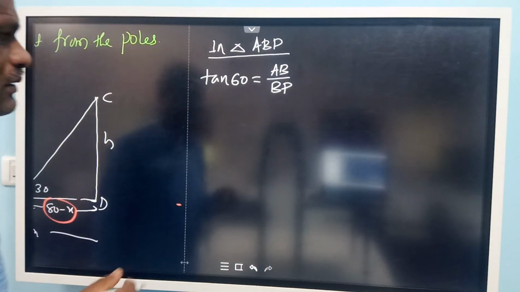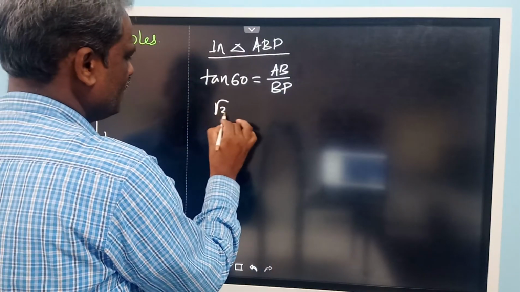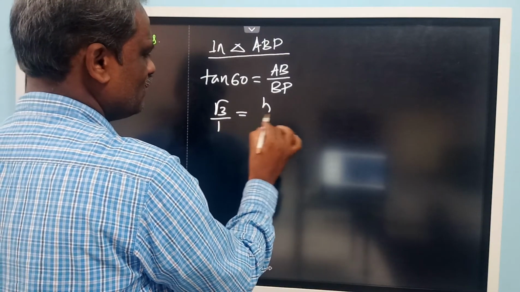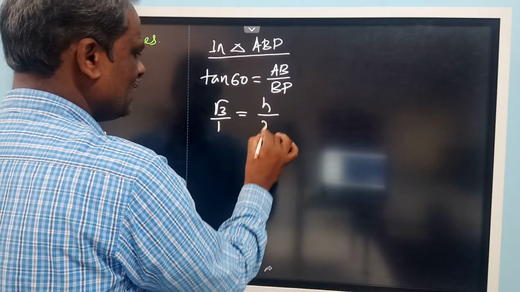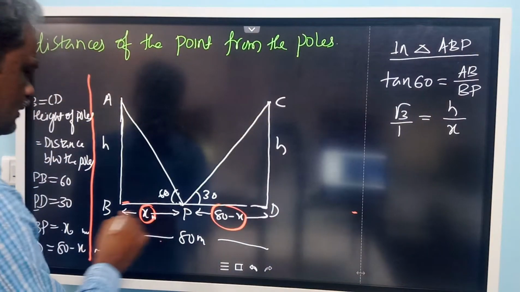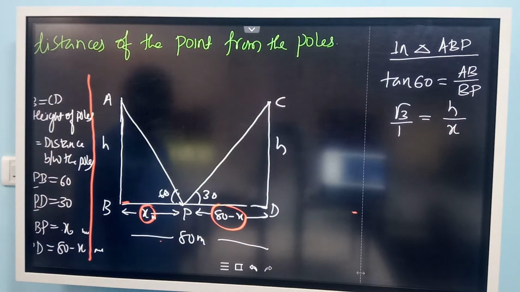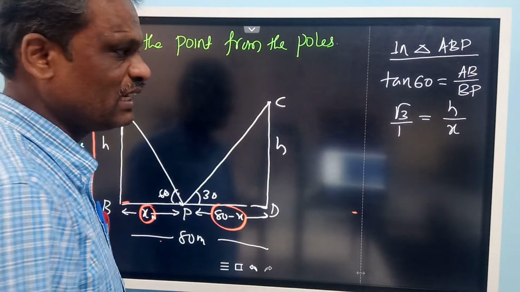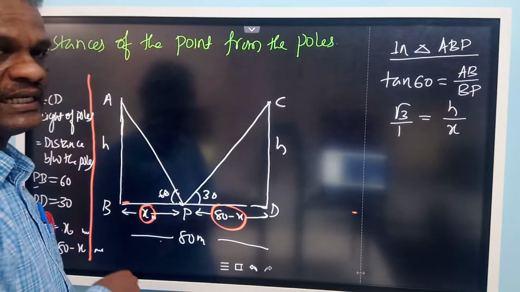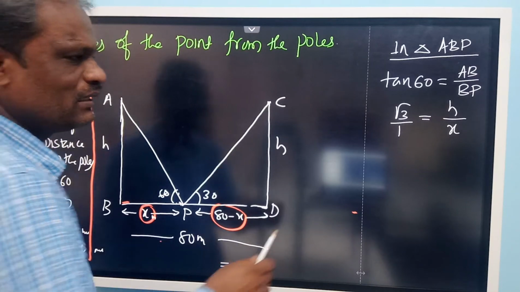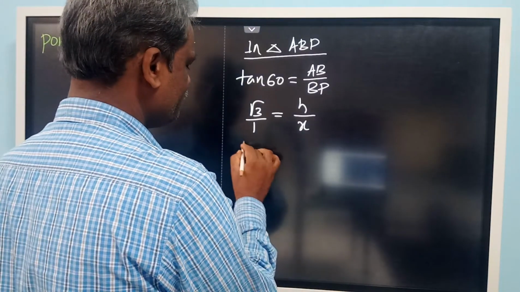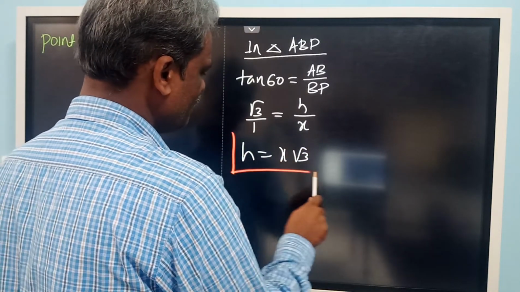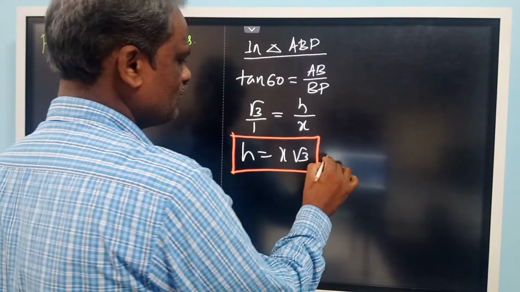It is root 3 by 1. AB, H, we need to calculate, divided by BP, which we have taken as x units. So H is equal to x root 3. We need to find the value of H, so you can write x root 3 meters.